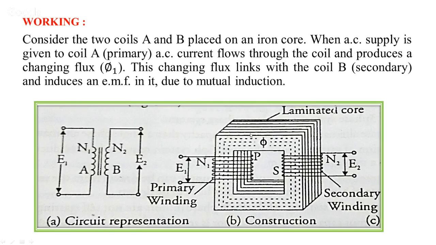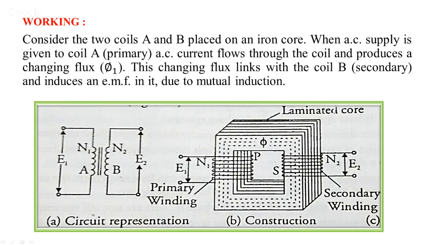So here you can see this is the laminated core. This portion of laminated core is called as the leg or limb of the transformer, and the top portion, this part and this part, is referred to as the yoke of the transformer.